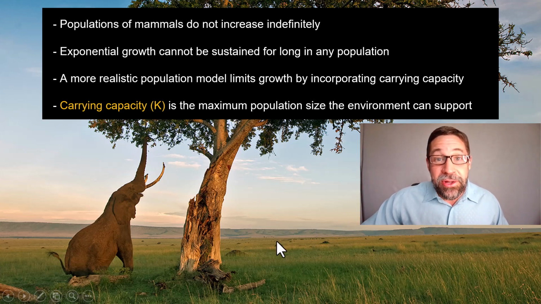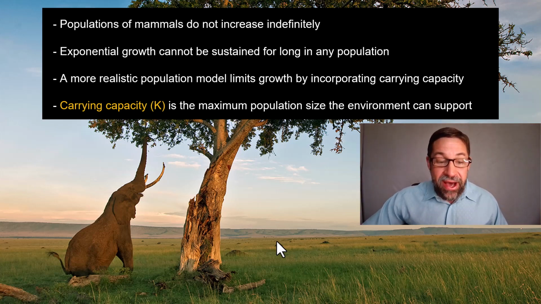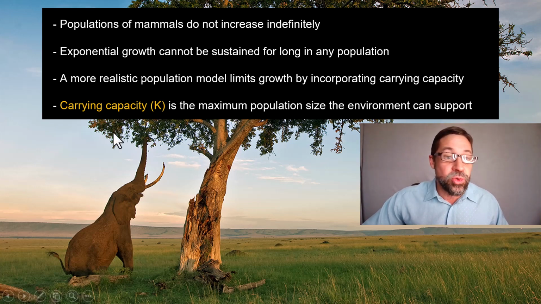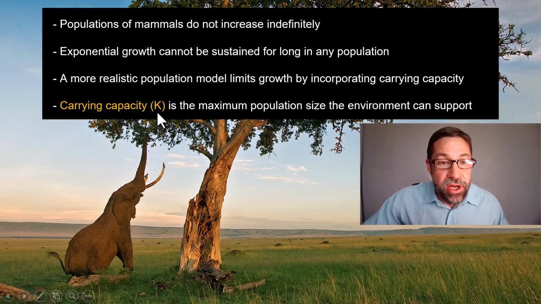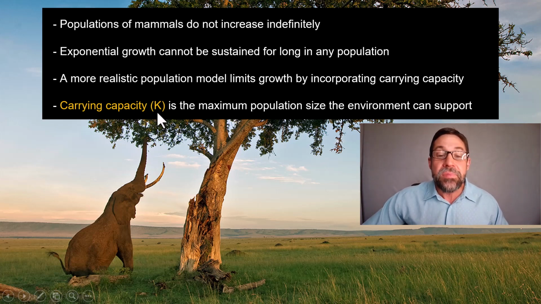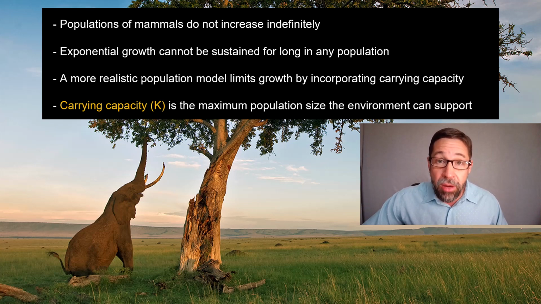So populations of elephants are inexorably going to run out of food. The population is going to bump up against what's called its carrying capacity, which is denoted with a capital K. That is to say, the maximum population abundance of that species that environment can support.